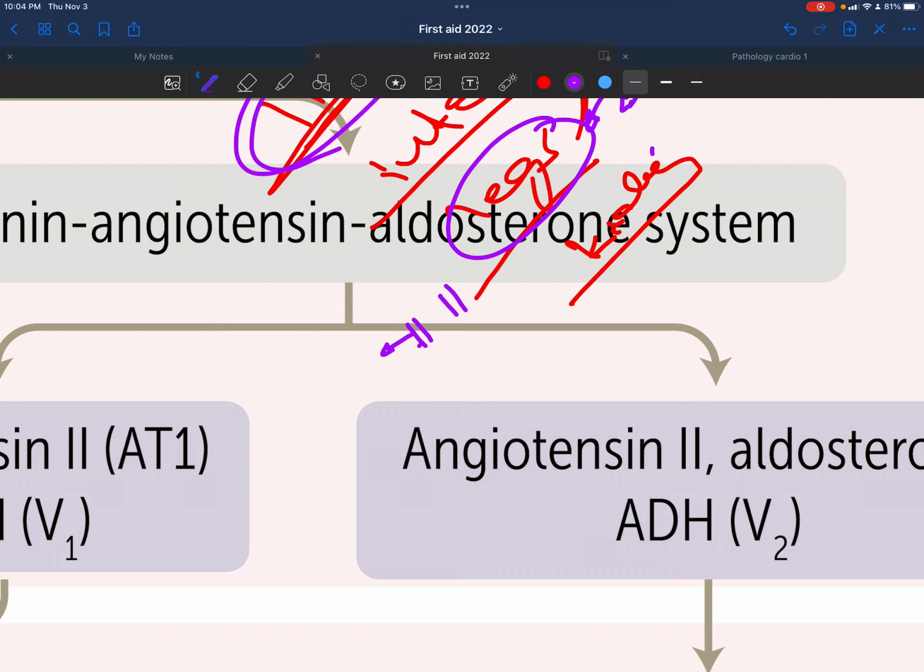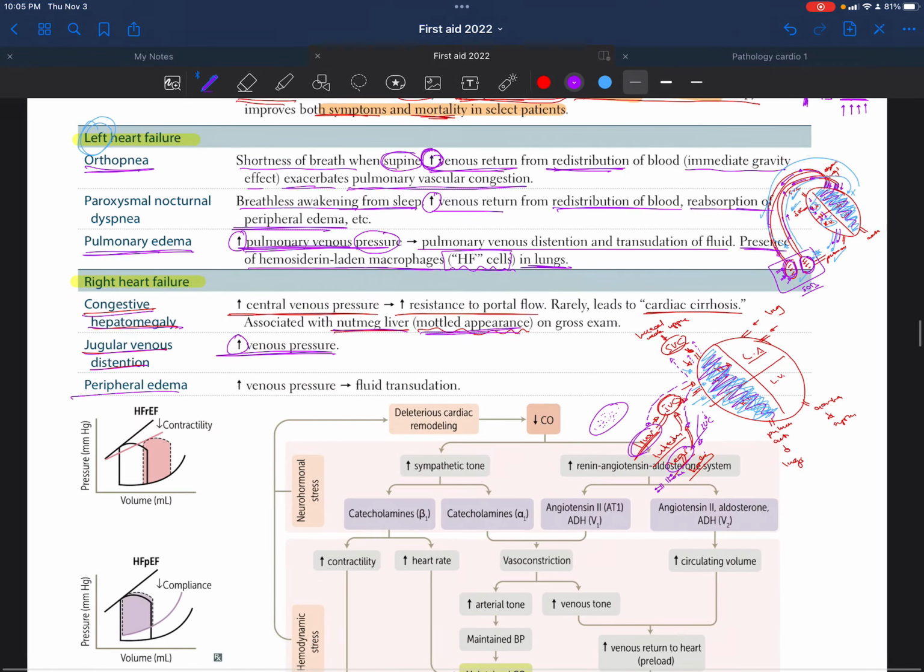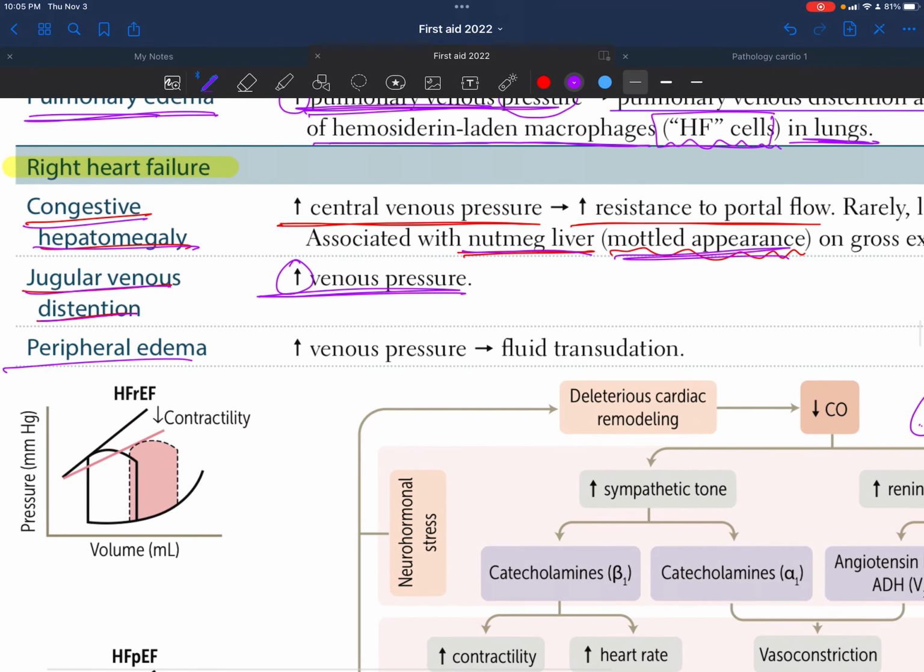So fluid starts exuding from these vessels into the interstitium, and now we have edema in the legs or hands or whatever. It's just peripheral edema. So that is due to increased venous pressure, which ends up as fluid transudation.